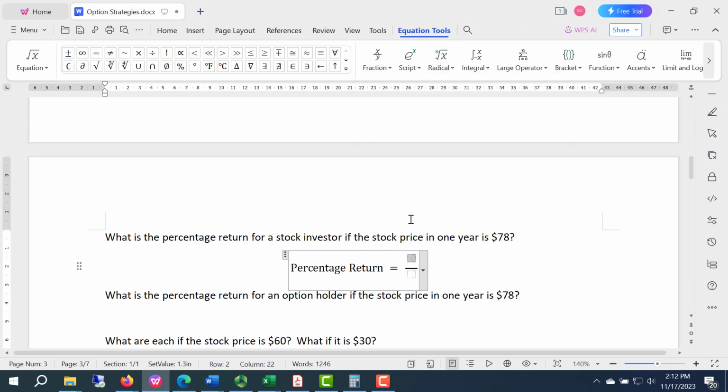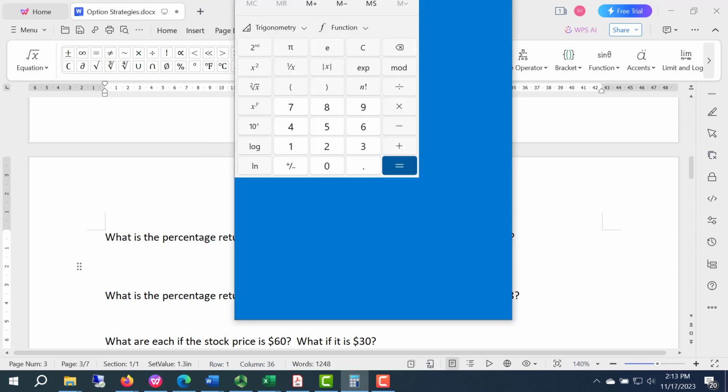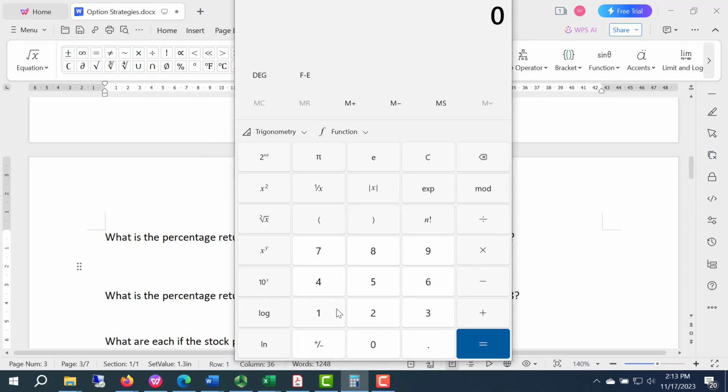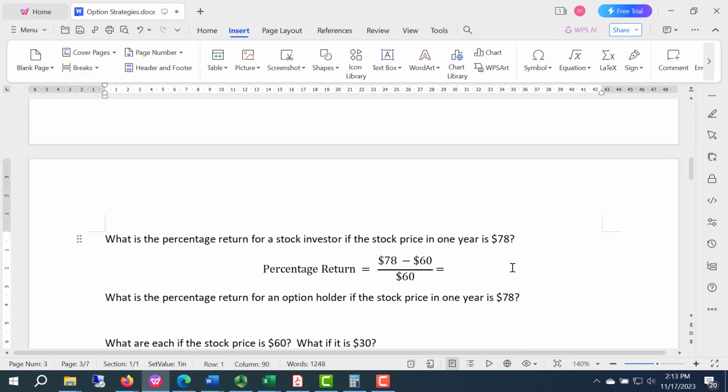So in 1 year, the stock is worth $78 minus the original price of $60. And then we would divide that by our original price of $60. So we would get 18 divided by 60, which gives us an answer of 30%.